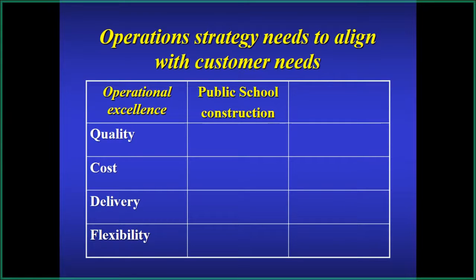Safety and durability. Kids are hard on buildings. They're hard on furniture. They're hard on everything. It's just kids being kids, okay? You know that. Anybody's got kids. Stuff gets scratched up, it gets dented, it gets destroyed. So durability and safety are what you need in quality here.